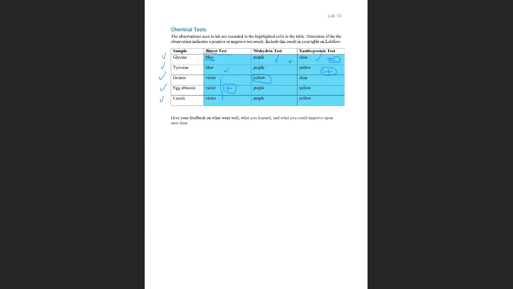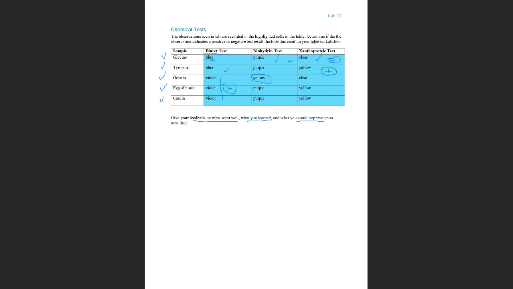And this basically concludes this workshop. It says give your feedback on what went well, what you learned, and what you could improve. Think about when the lab data is giving you a negative and you were supposed to receive a positive.